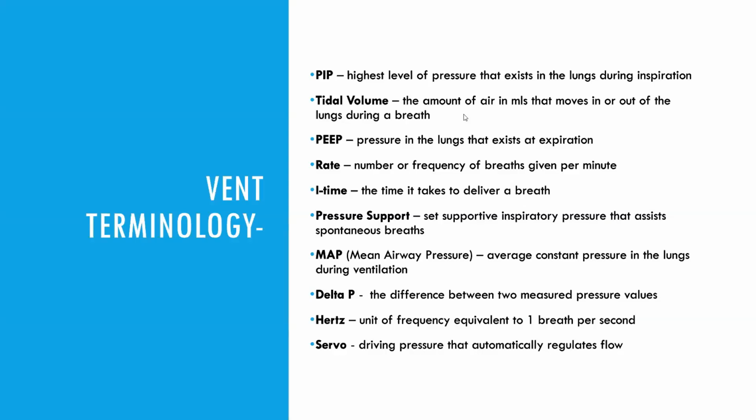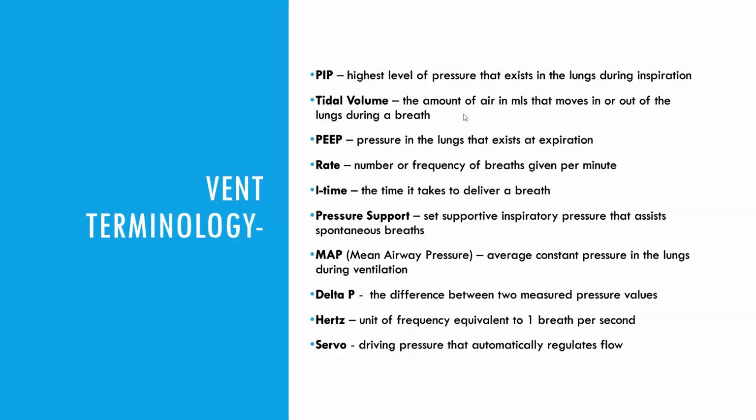Tidal volume is very similar to PIP, only now we're measuring the amount of air in our lungs in mLs. If we take a big deep breath and measure how many mLs of air are in our lungs, that is our tidal volume. It can be measured as inhaled tidal volume or exhaled tidal volume.